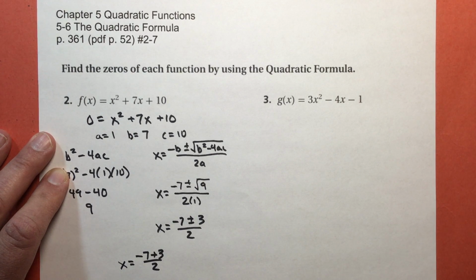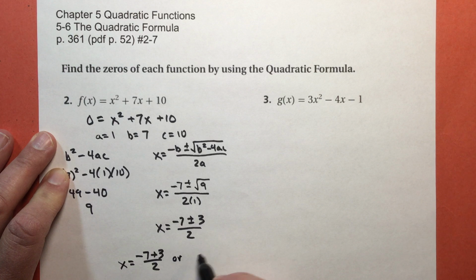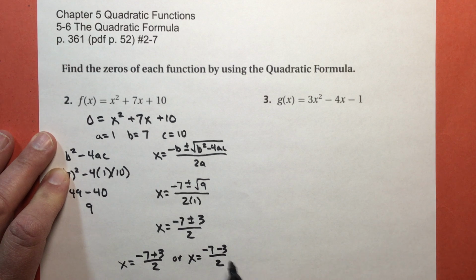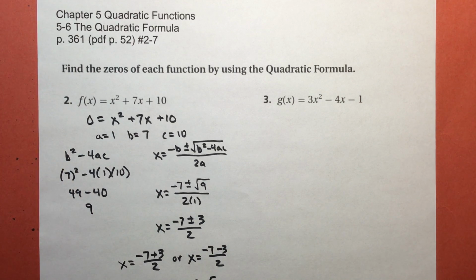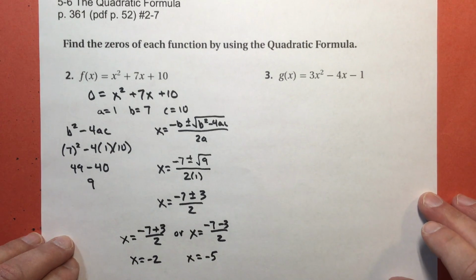Huh, that sounds familiar. Or x equals -7 subtract 3 divided by 2. -7 subtract 3 is -10. -10 divided by 2 is -5, which is exactly what I said it would be when I did it by factoring in my head. Let me move that up so you can see it.